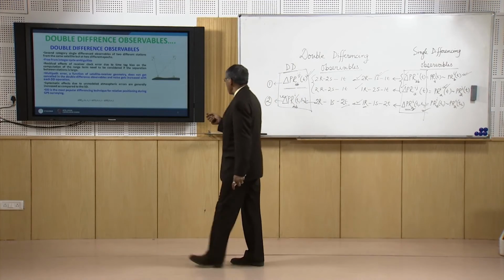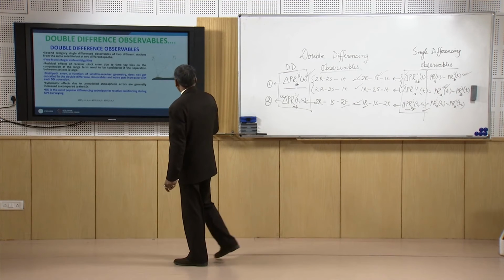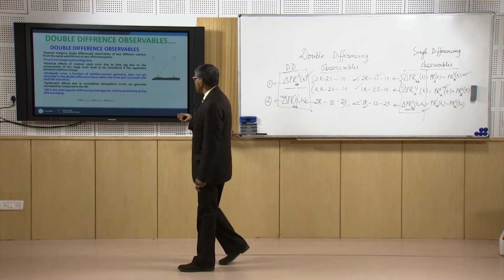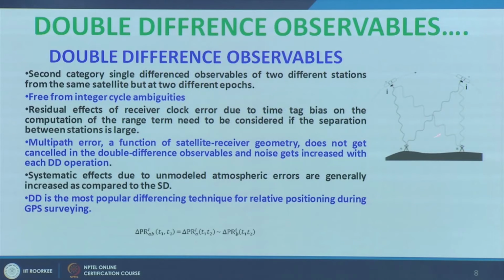As a result of this, because we are using the same satellites, the integer ambiguity will be removed. So the differencing will provide us, for the carrier phase observable, if we take that into consideration, the integer ambiguity will be nullified.